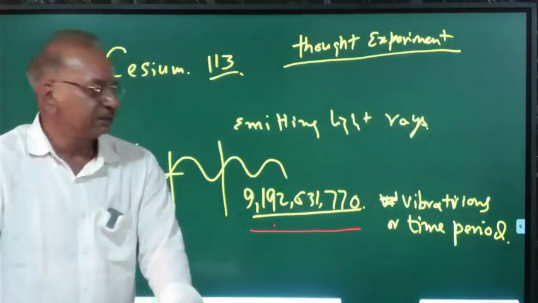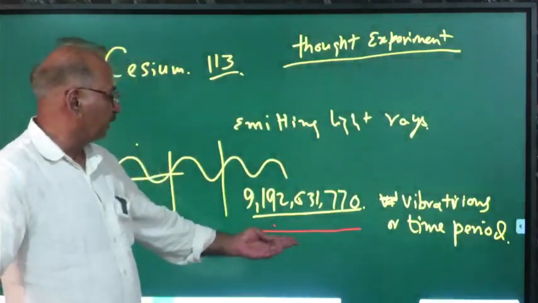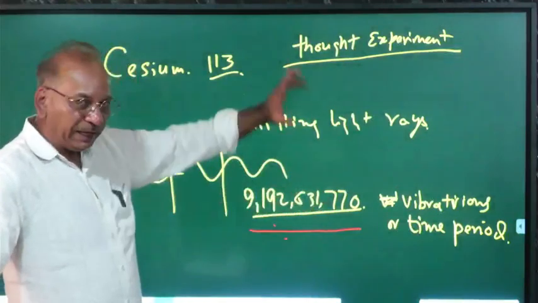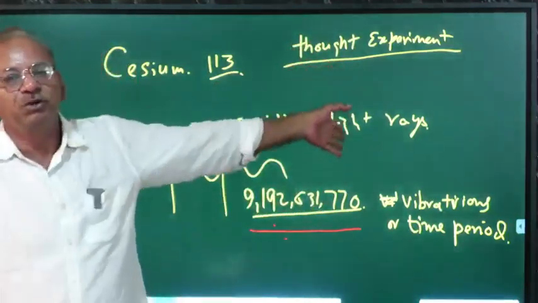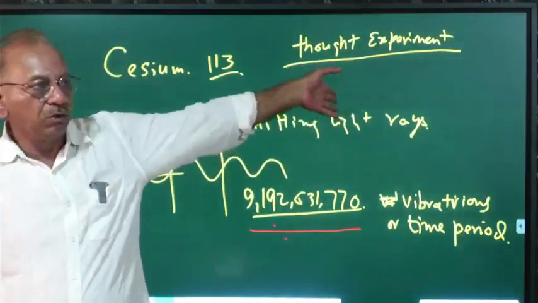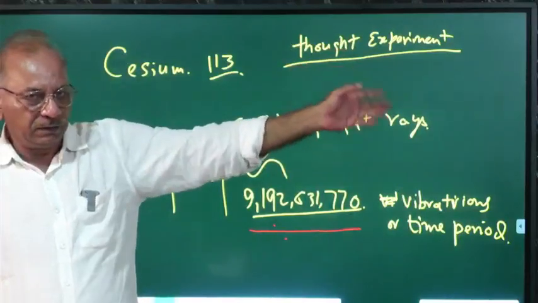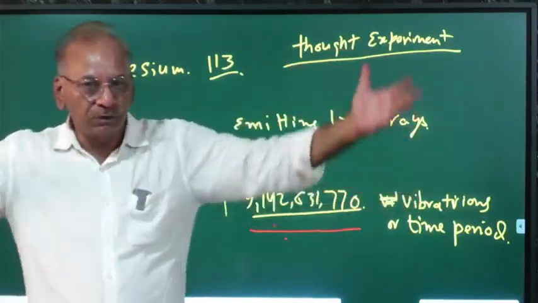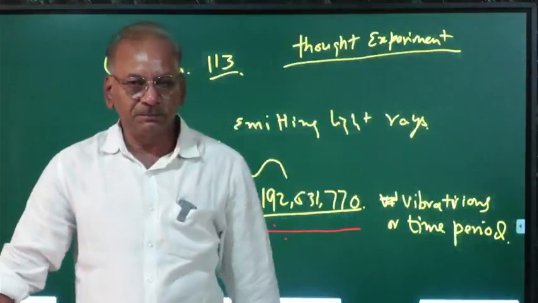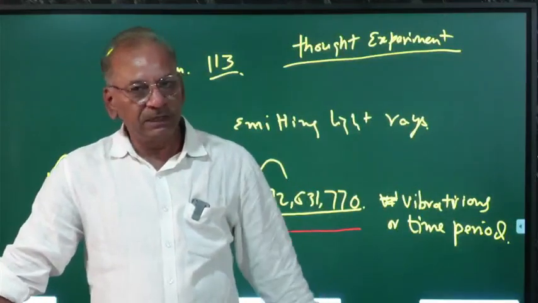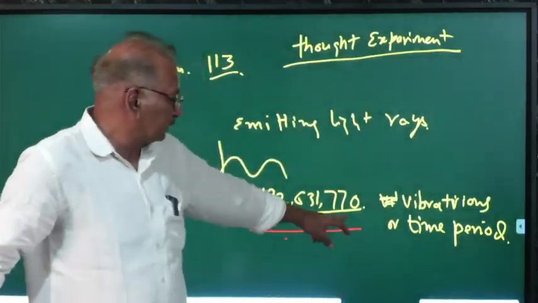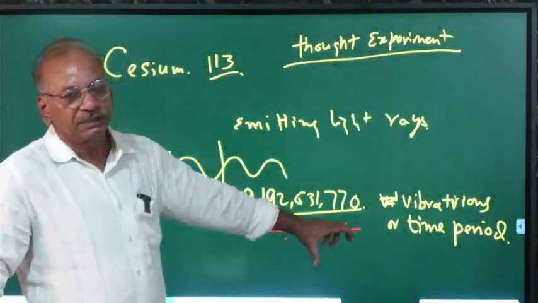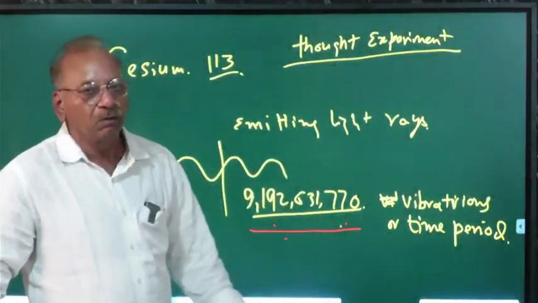And it is defined in such a manner that at any place in this universe, you go and start counting with your practical setup, and you will find that after such a number of vibrations, the time elapsed will be called 1 second.